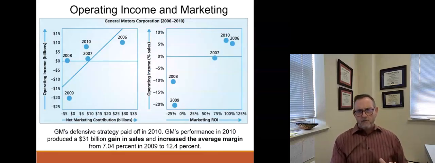Again, a couple of visualizations of operating income as a percent of sales, and then total operating income on the far left from 2006 up to the change year 2010. You'll notice that they had significant declines from 2006 to 2007, down again in 2008, and down again in 2009.